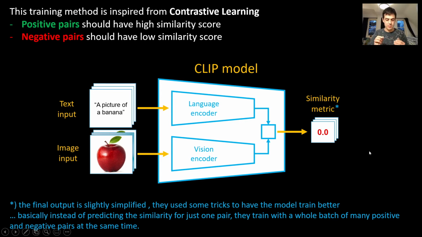They are not just training it one sample at a time, but every time the training occurs, they are working with a whole batch of samples. Some of them are positive, some of them are negative, and the ratio of positives versus negatives actually matters for the training. It's beyond this, I think, so just know that it's slightly more complicated.